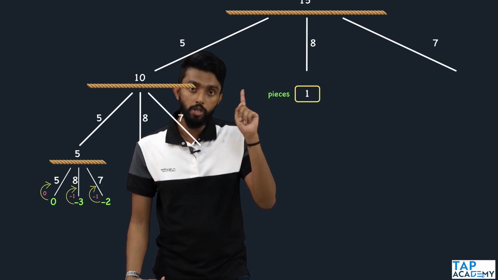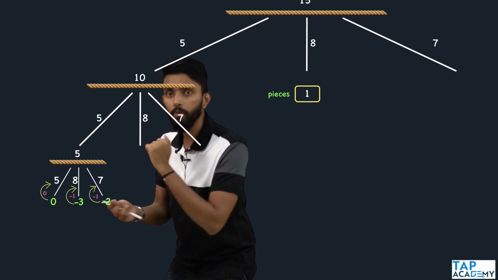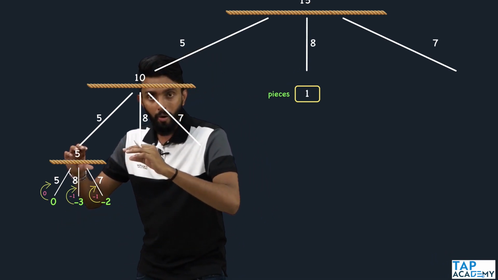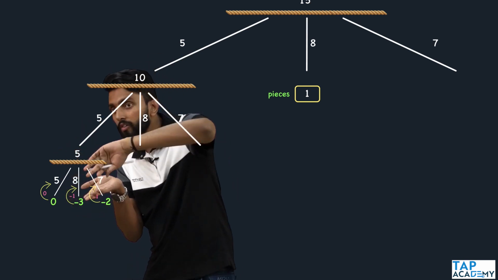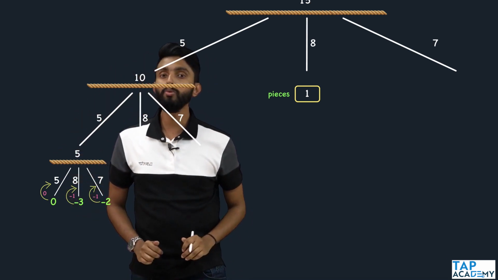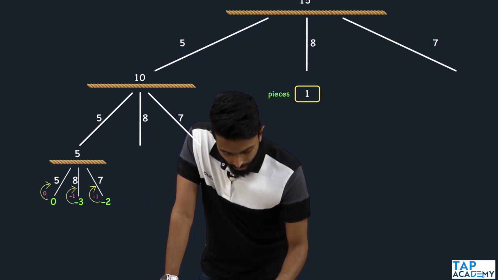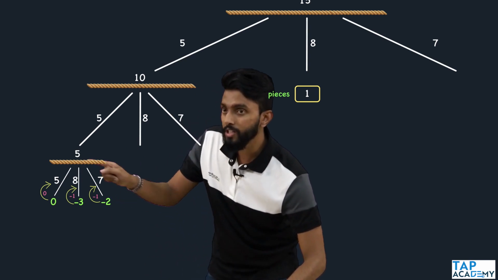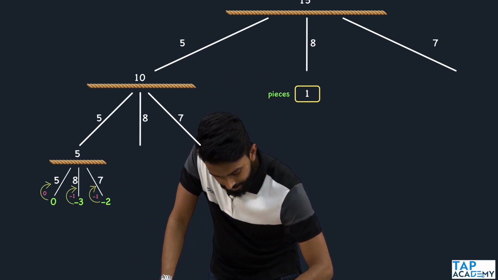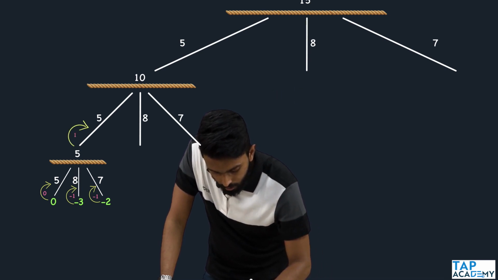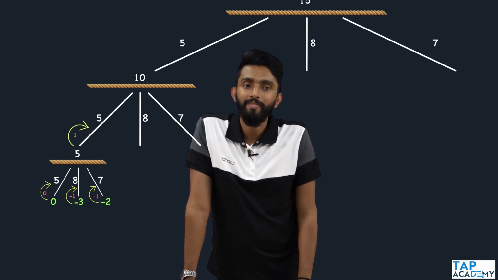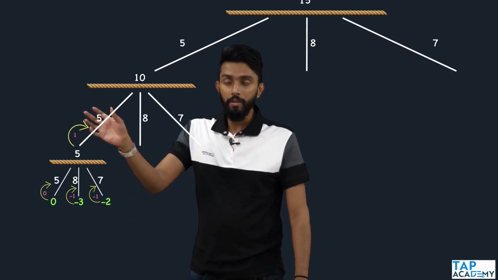So how many pieces? 1 piece. Correct. Have you not made 1 piece? Now that is what further you have to return, which means watch it. Now what this is going to return is that, hey, listen, length 5, 1 piece was made. It is going to return. Any confusion till this point of time?